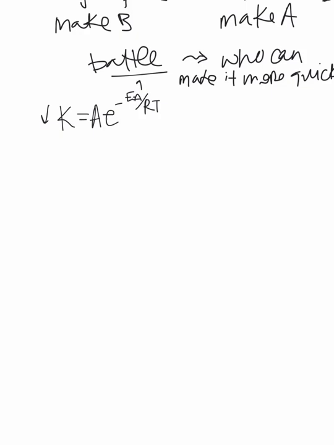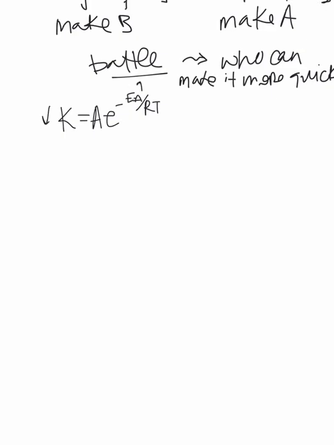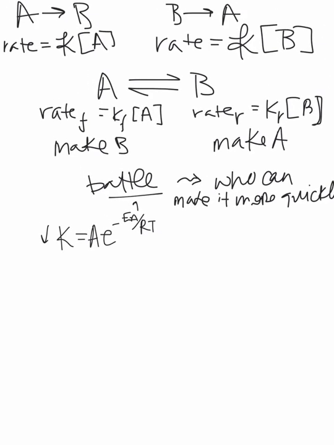Now, while one of these reactions may dominate or be the winner, neither of those reactions will ever stop. In this case, for our A to B, if our KR is slower, that reaction will keep going. It'll keep going as long as B exists. It'll just go slowly. And at this point, we will reach an equilibrium.